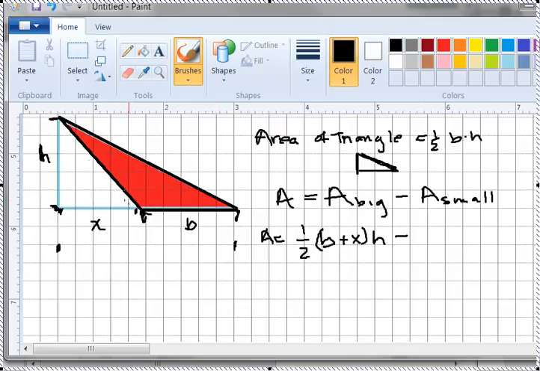That's a right triangle. And it goes 1/2. What's the base on the small triangle? I'm throwing that out there, asking the question.